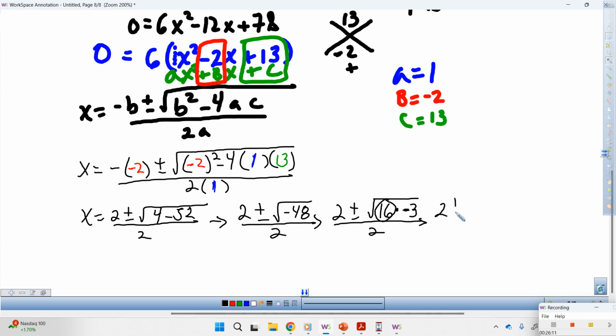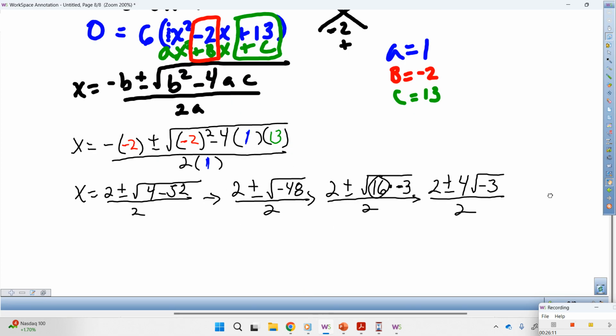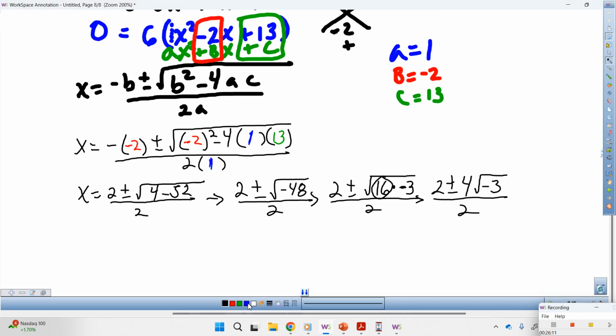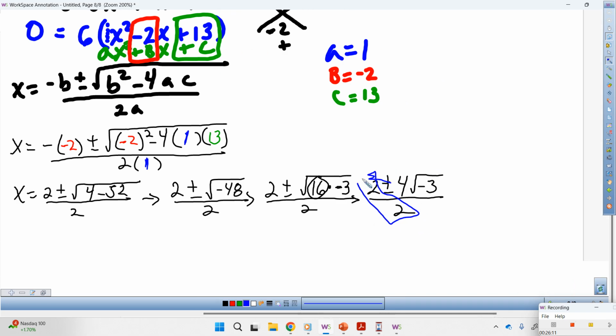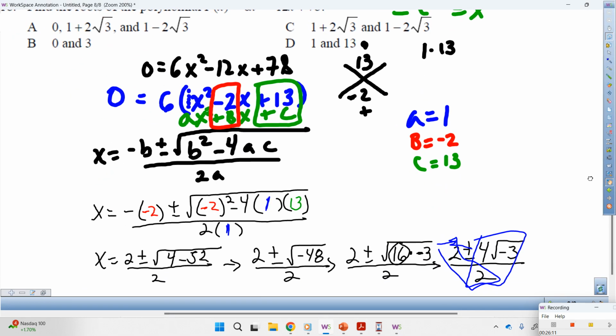Very good. 2 plus minus 4, and we're left with square root of negative 3 divided by 2. So what is 2 divided by 2? 1. Plus minus, what is 4 divided by 2? 2 square root negative 3. So, let's see. Do they give us anything like that?